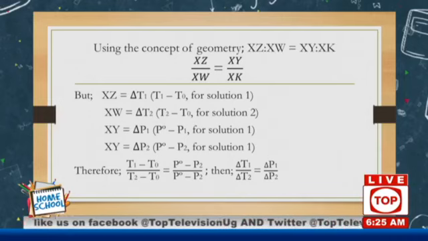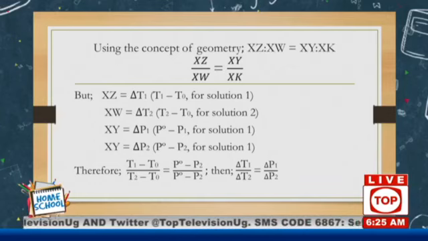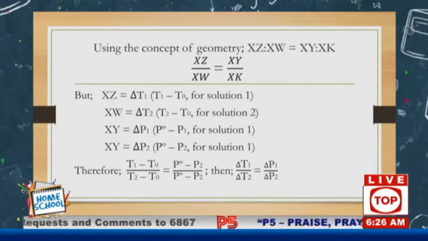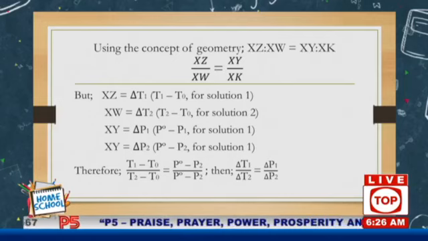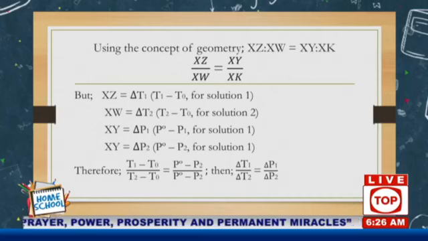When you look at your right hand side, you see that the change in temperature for solution 1 divided by the change in temperature for solution 2 is equal to the change in pressure for solution 1 divided by the change in pressure for solution 2.